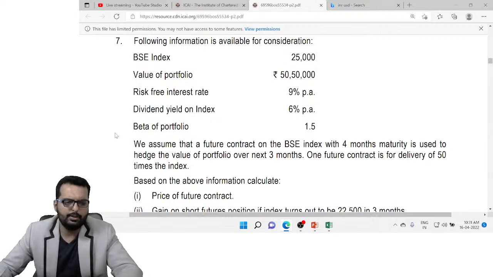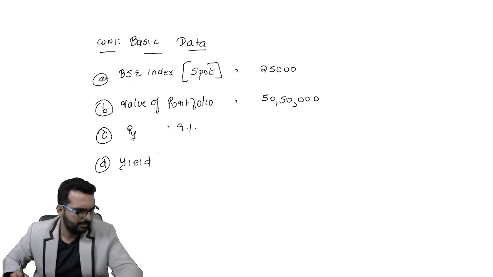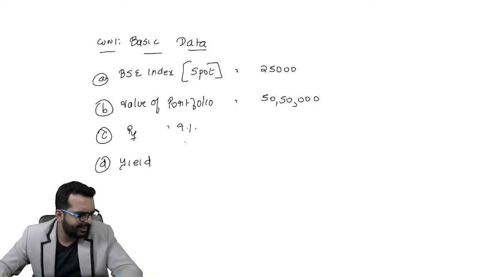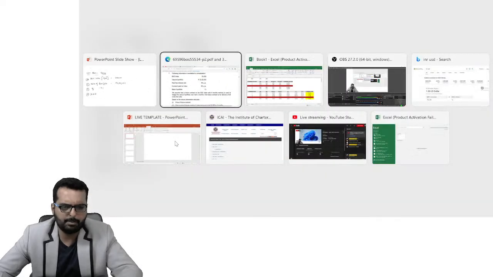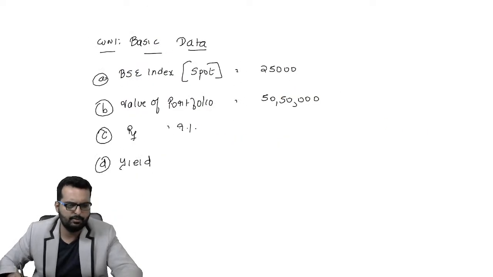All right. RF is given and dividend yield is given. RF 9%. Darshana, 138 is S1. Yes, that is S1. That is the price on expiry, right? Yes, that is S1 itself.